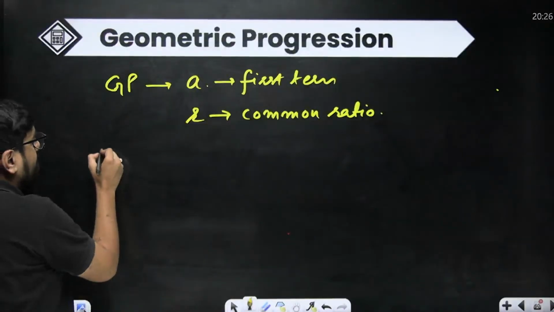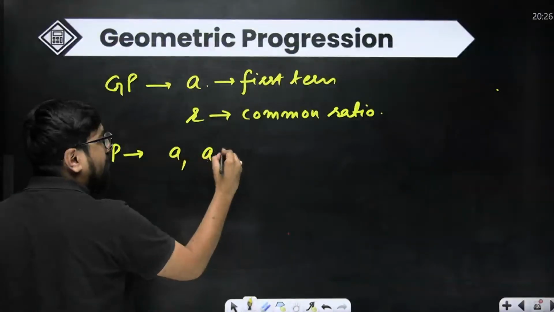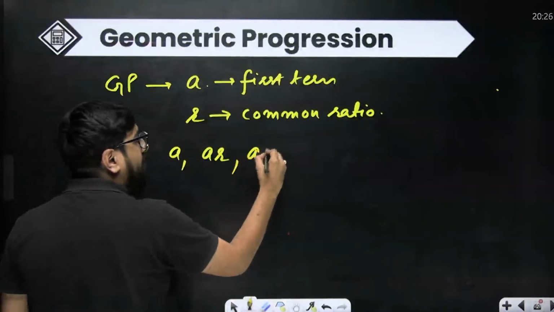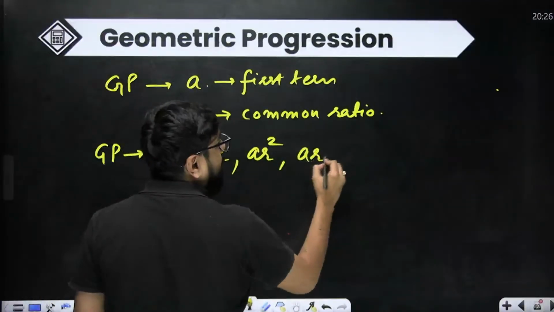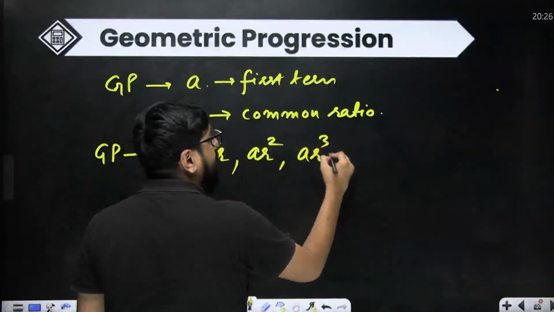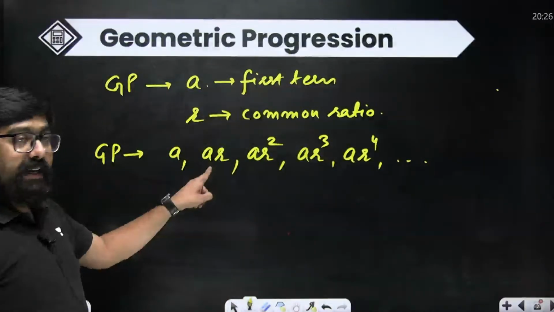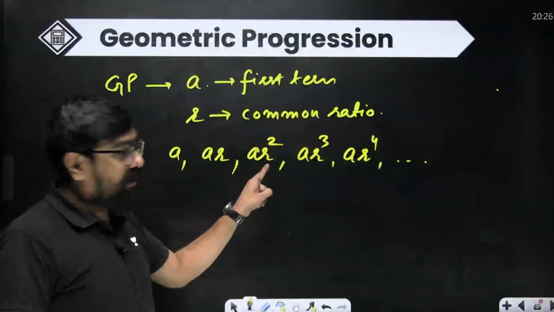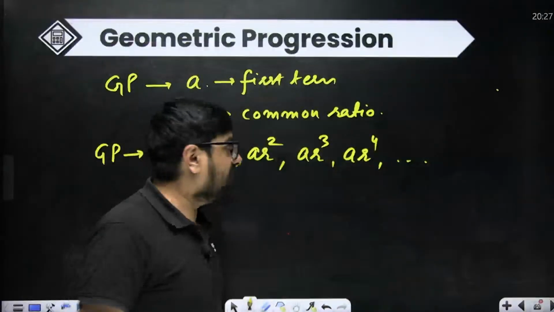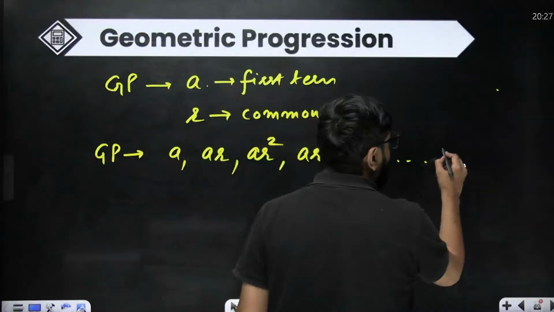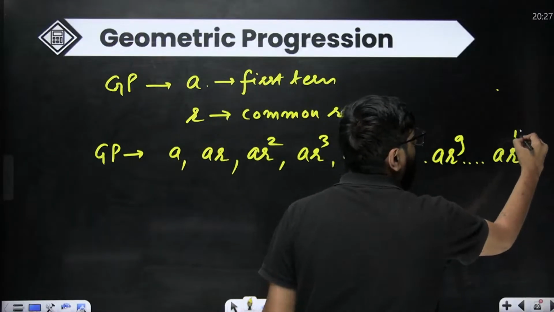Your GP will look like this: A will be the first term, second term will be A multiplied with R, third term A multiplied with R multiplied with R, that means AR square, fourth term AR cube, then AR to the power 4. What will be the 10th term? AR to the power 9. What will be the nth term? AR to the power n minus 1.